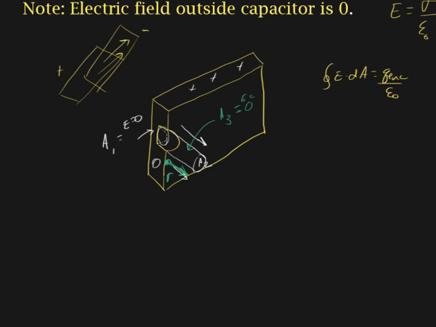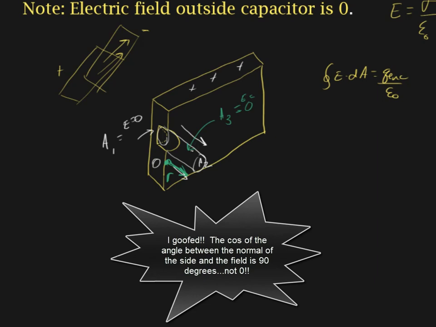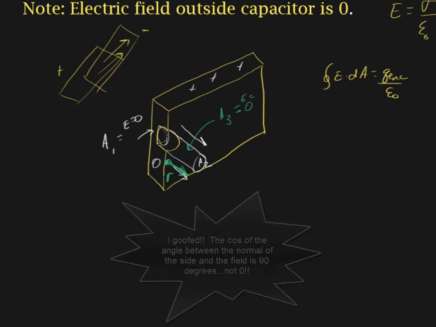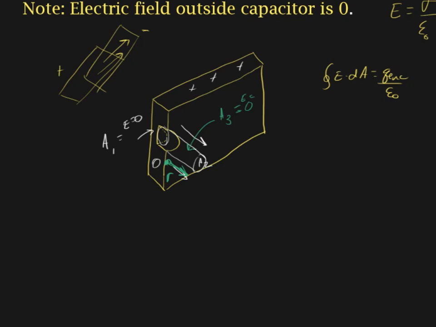The flux of this surface, A3, is going to be 0 because the cosine of the angle is 0. In other words, the field is parallel to the area instead of perpendicular. So the only area we have to worry about is A2 because the field is coming perpendicularly through A2. So we end up with E times A2 is equal to Q enclosed over epsilon naught.